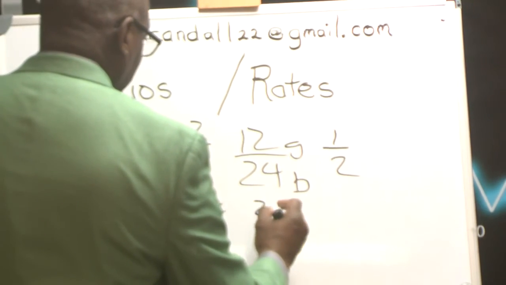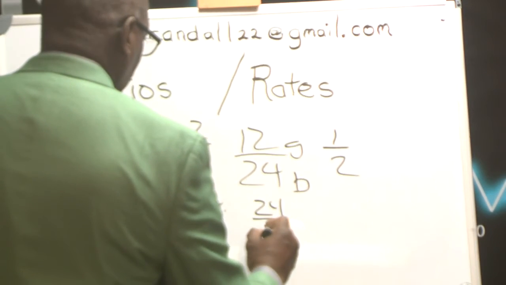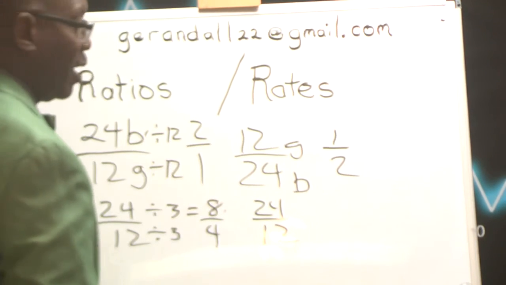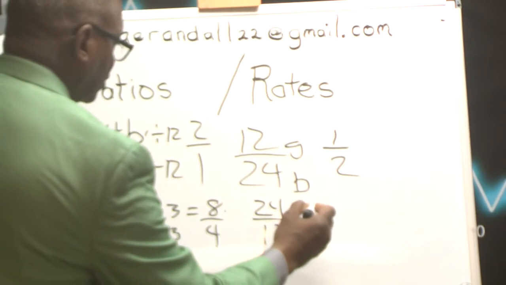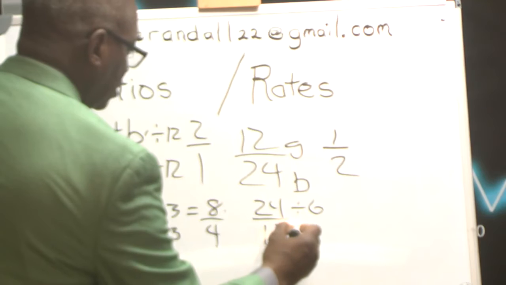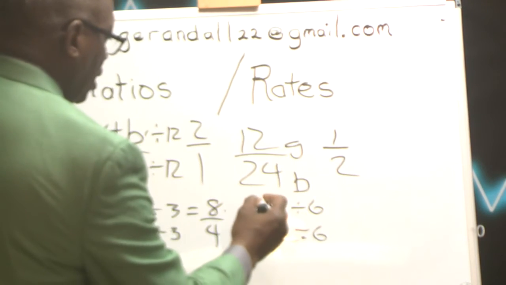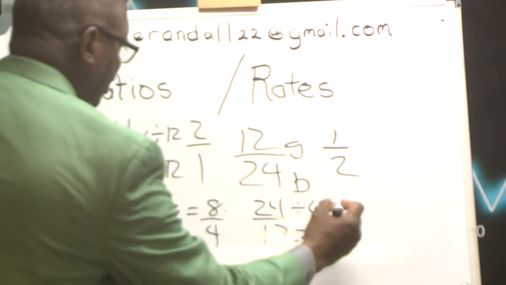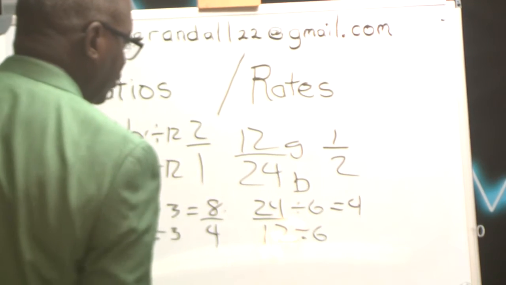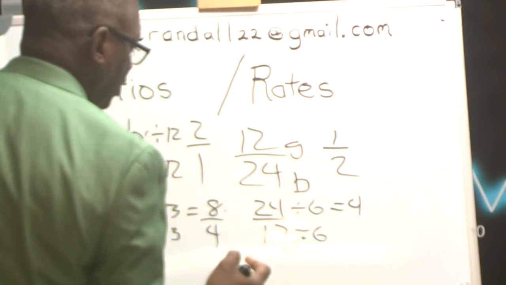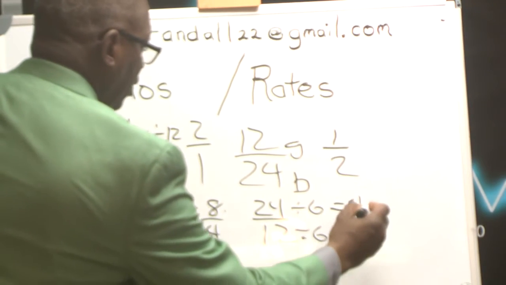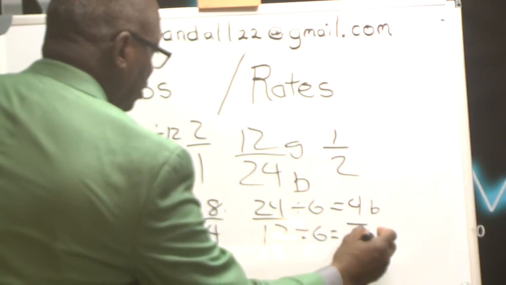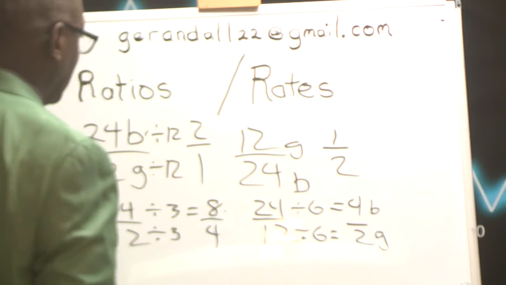Let's do another. 24 over 12, and we're going to use one of the factors, 6. 24 divided by 6 is 4. 12 divided by 6 is 2. Again, for every 4 boys, it's 2 girls. Now look at this.